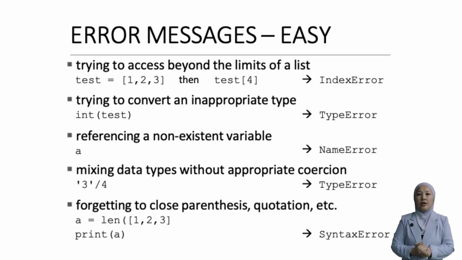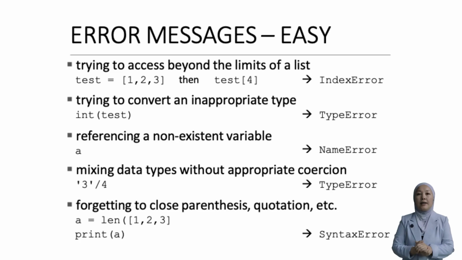In your debugging work, you will frequently encounter specific exceptions raised by Python. Let's review some of the most common ones. An index error occurs when you try to access a list element using an index that is outside the valid range for that list. For example, accessing the 5th element of a 3-item list. A type error can occur in several contexts, such as attempting to convert a non-numeric string or a list to an integer using the int function.